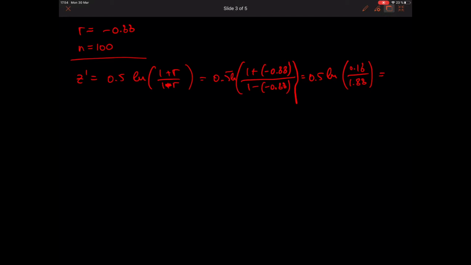Then I just take a normal calculator, and I find that the result will be minus 1.376 approximately.